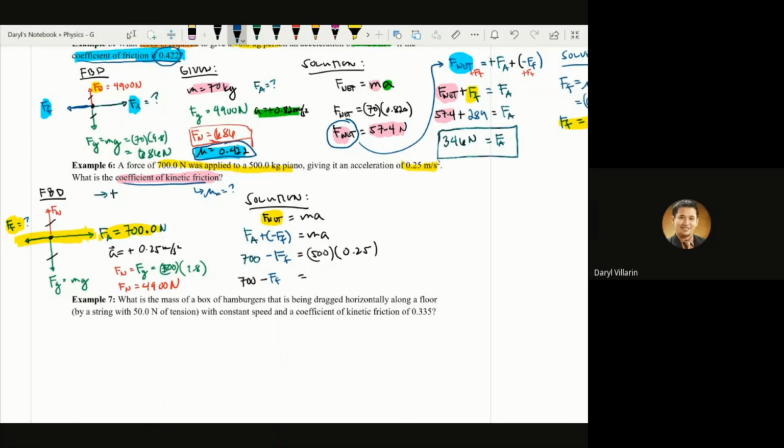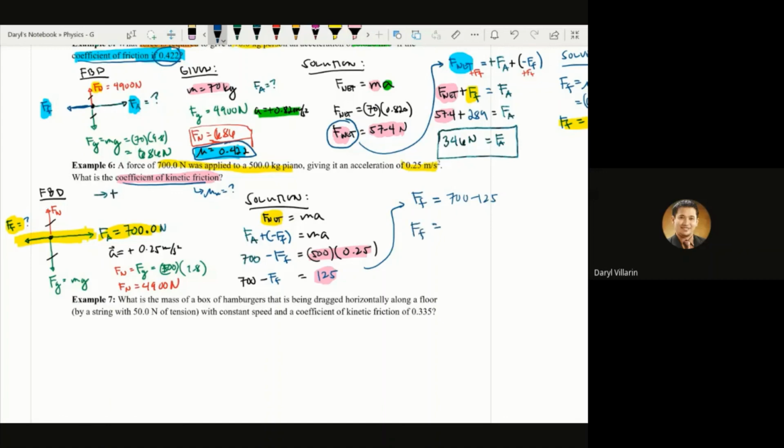Your 500 times 0.25 would give you 125. Solving for Ff, so Ff on one side would be 700 minus 125. Just try to follow the algebra. That should give you that value.